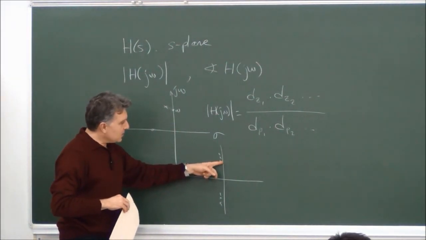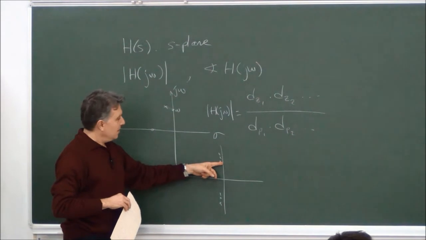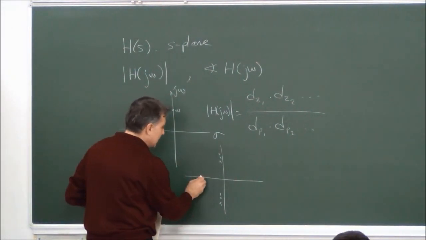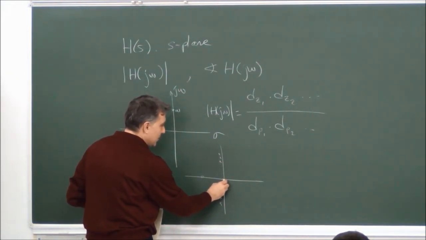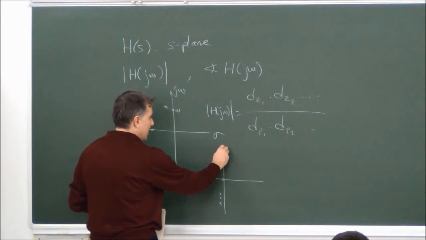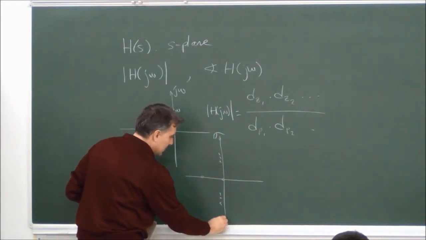And as your frequency comes around here, the values will be large, and therefore, let's put a zero somewhere here, for example, and let's put another zero here, and one zero here, one zero here.